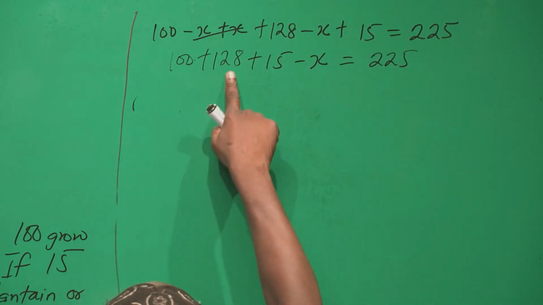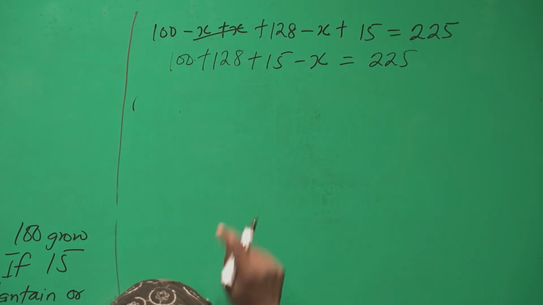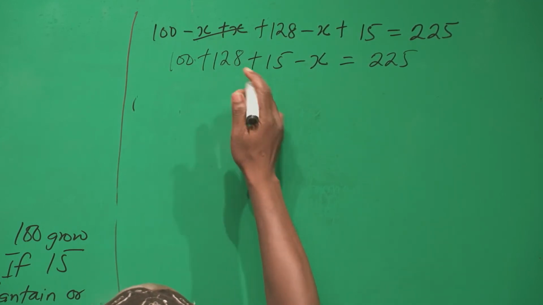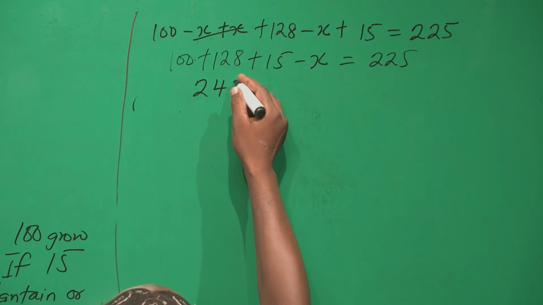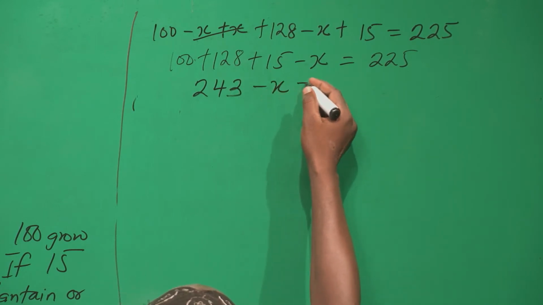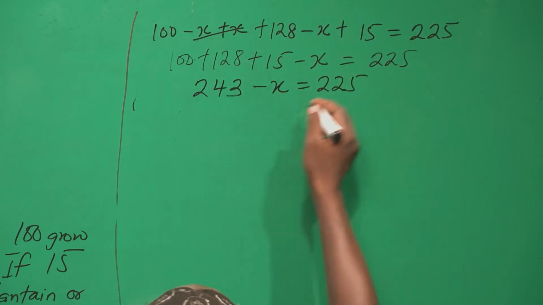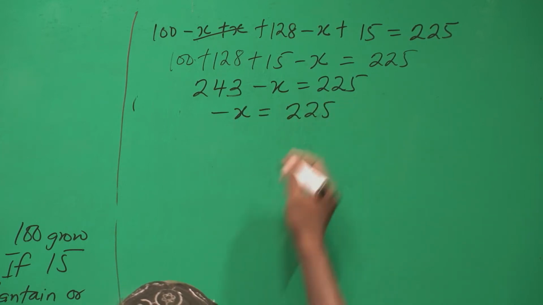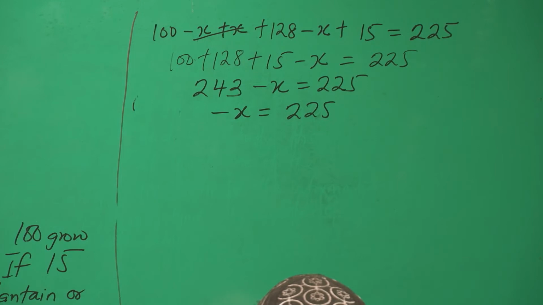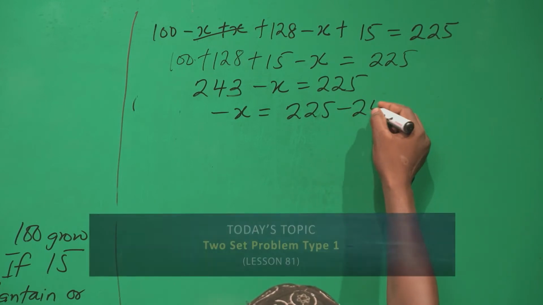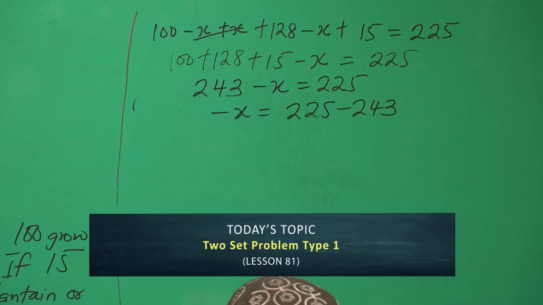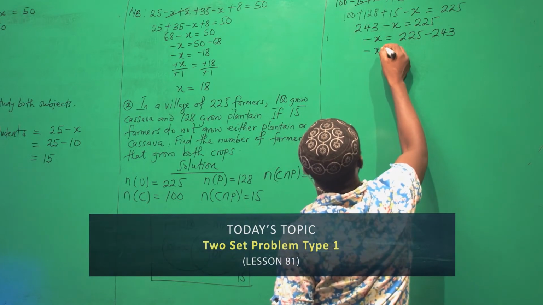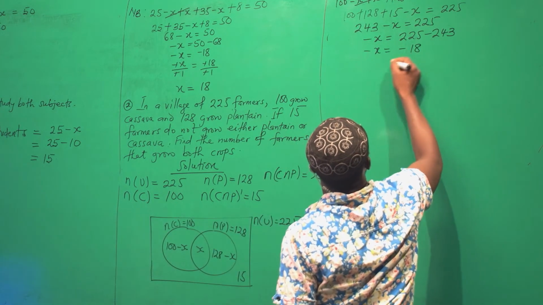So I add this, I get 228. I add 15, 243. 243 minus x is equal to 225. So minus x is equal to what? 225 minus 243. So minus x is equal to negative 18.